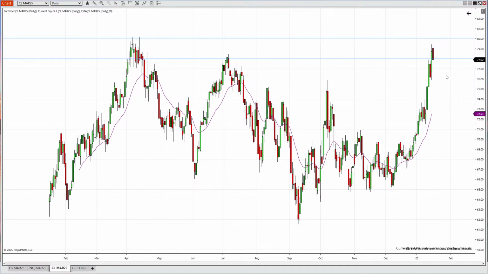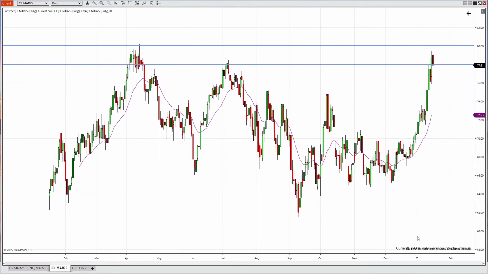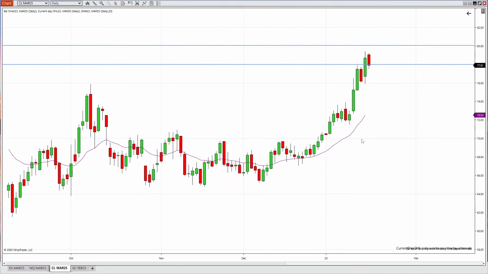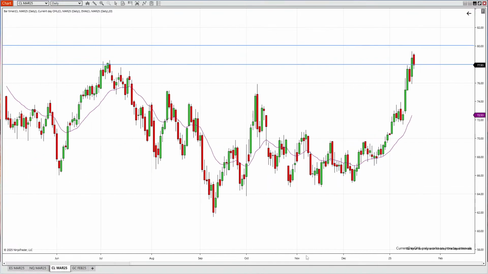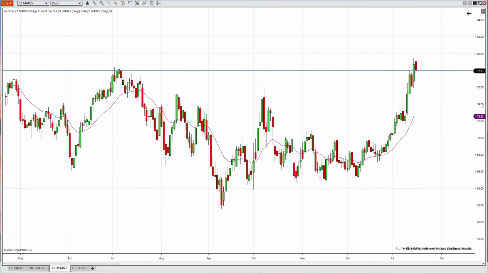Now, if we look at this, do you think that today is going to be a big bear day? It's probably not going to be. It's probably going to be a little bit more sideways. You're probably going to get sideways action before you actually get a real pullback here.